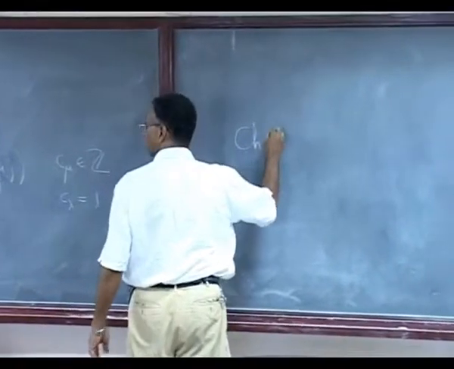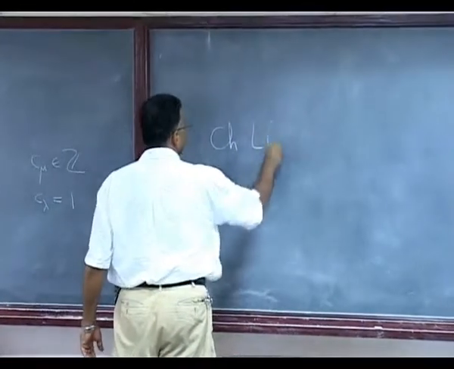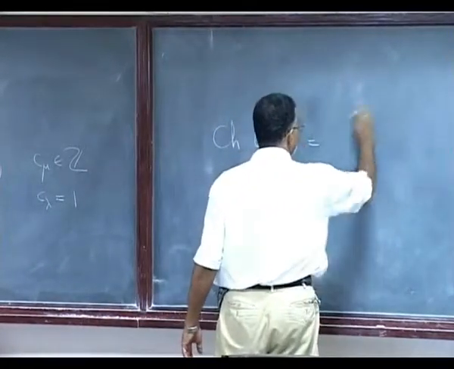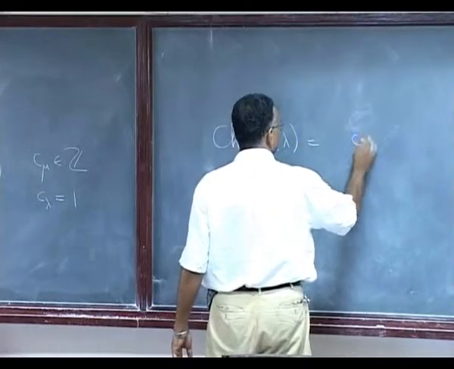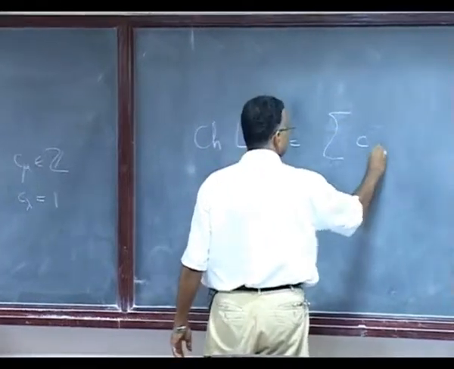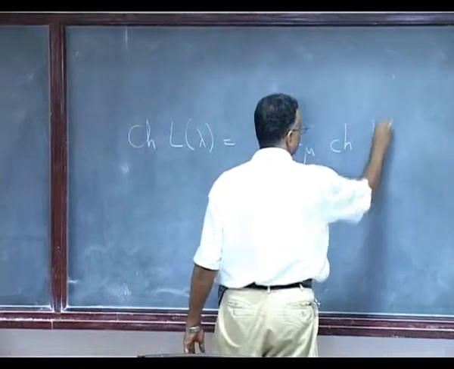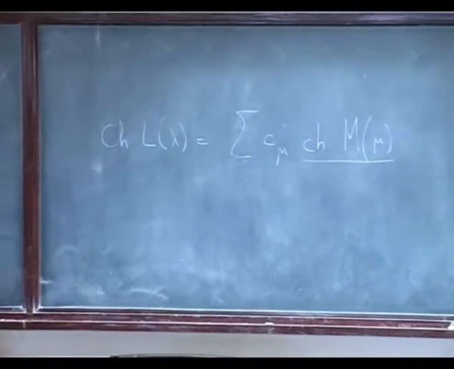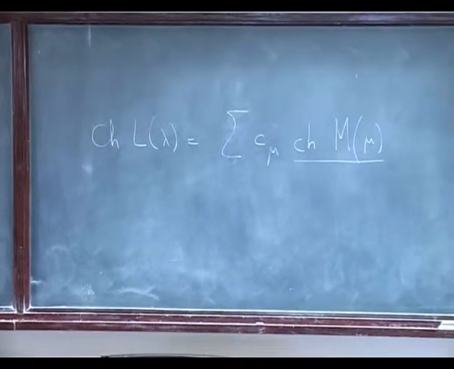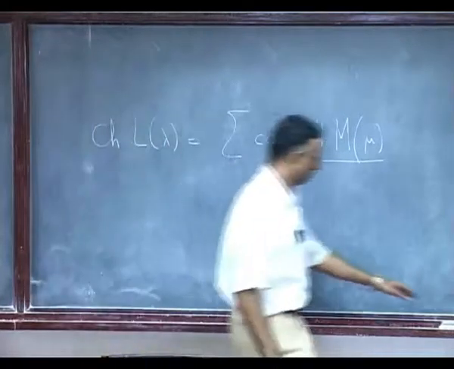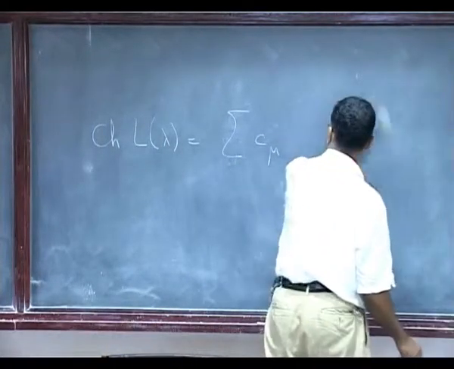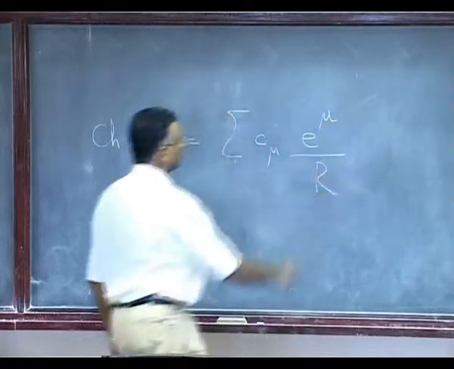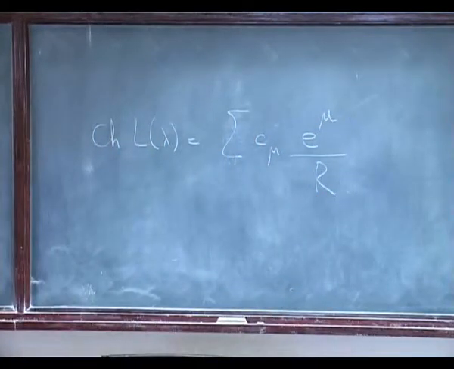I can write character of L lambda is equal to some C mu, C mu, CH, M mu. But the reason for writing this is that you know what this is. This is that E mu by E mu by R.